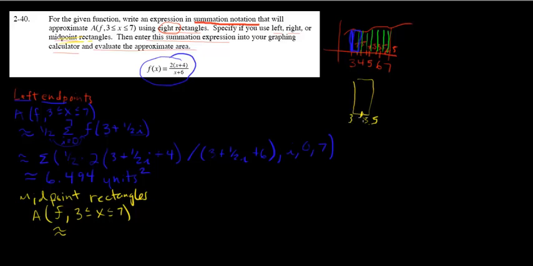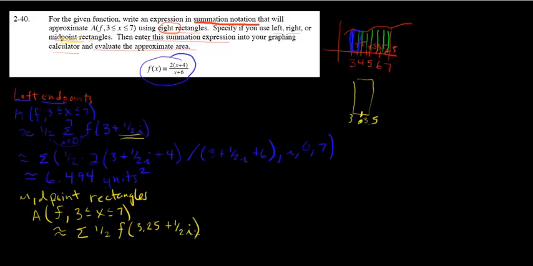The width of the base is still 1/2, so we have our summation of 1/2 times f, starting at 3.25 to get in the middle, plus, each time, 1/2 i.